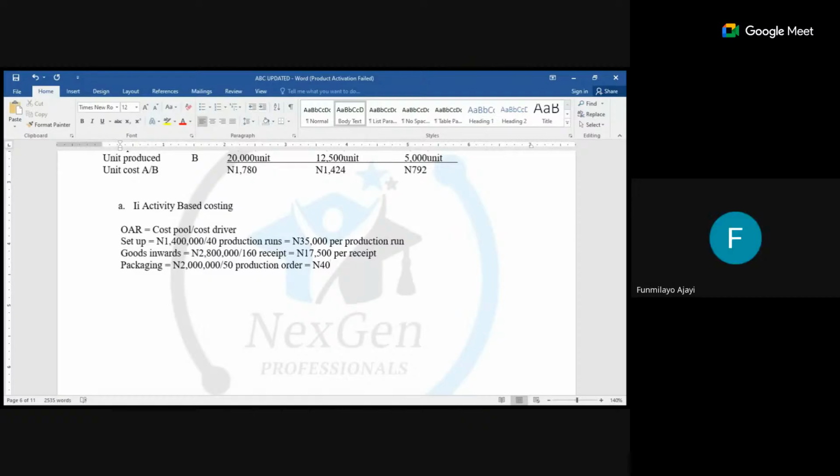Thank you. 40,000 naira per production order. Please always include this thing. It shows the examiner that you know what you are doing. If 40,000 naira per production order, it means that one production order will cost 40,000 naira. So if they are doing 5 production orders, how much is it going to cost them? Do you understand?